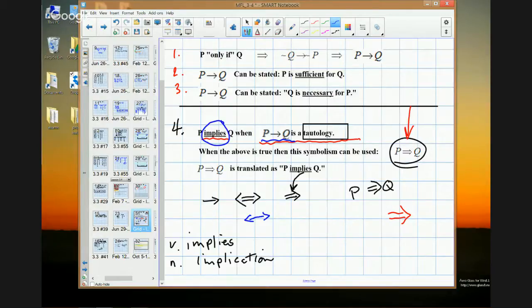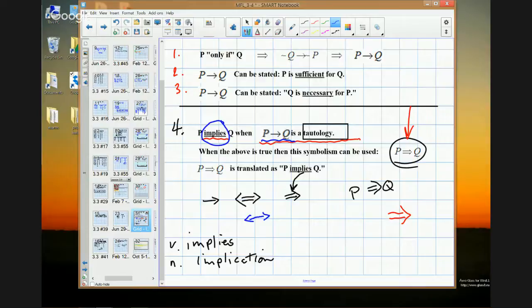So a tautology then is, if it's 4 rows or 8 rows, whatever, the answer has to be T's all the way down. That's a tautology. Obviously, that's a very desirable thing, because if you get a tautology, then that means this can't even be false. This is always true. Kind of like a theorem, something that always works. Okay.